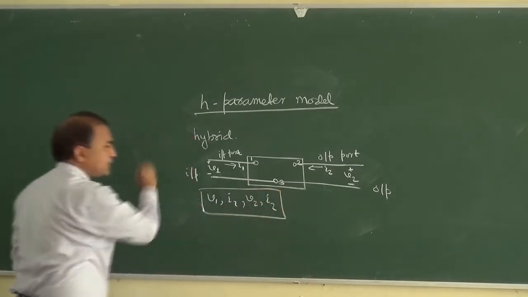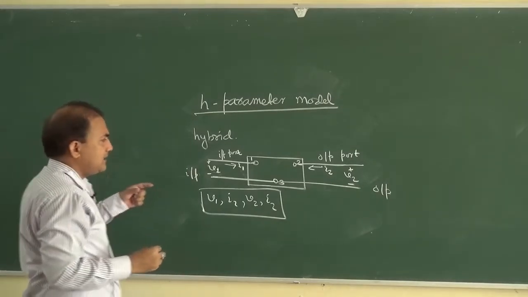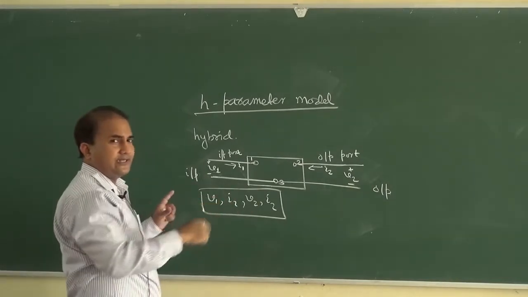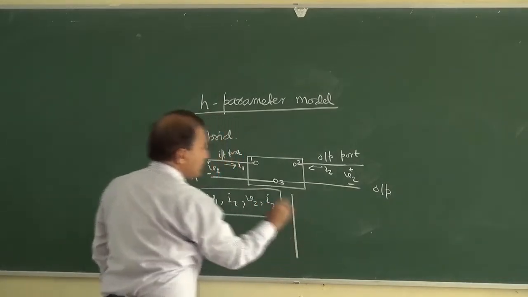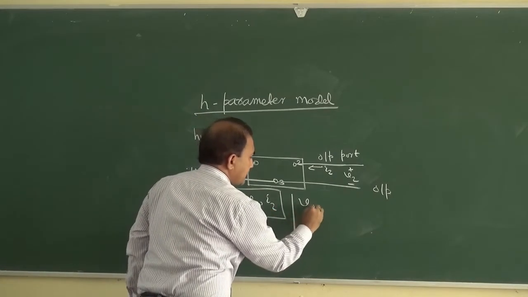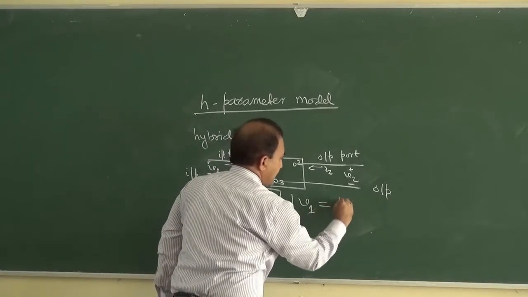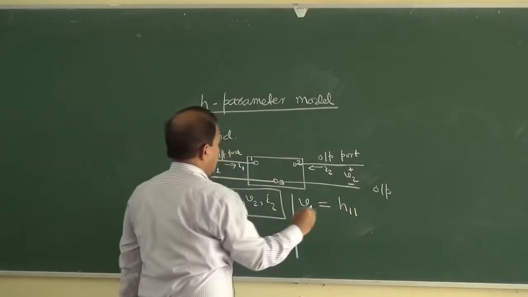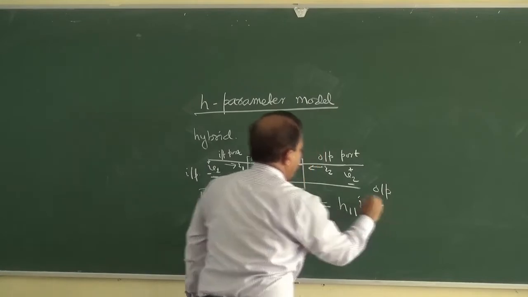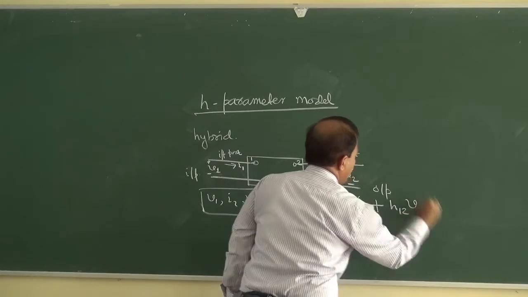In a BJT transistor, we can relate them by using these two equations. V1 is equal to H11 into I1 plus H12 into V2.